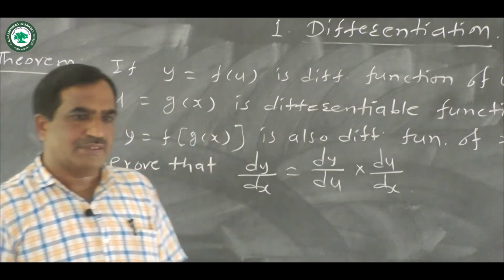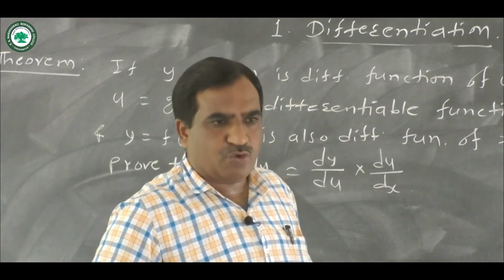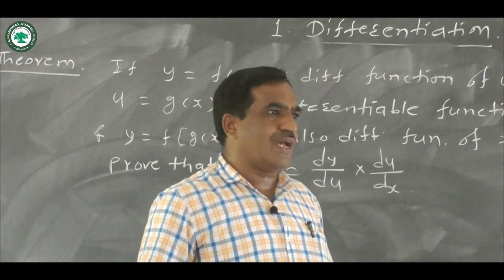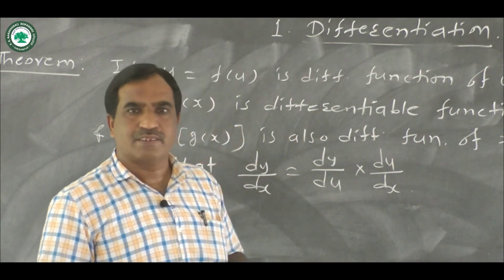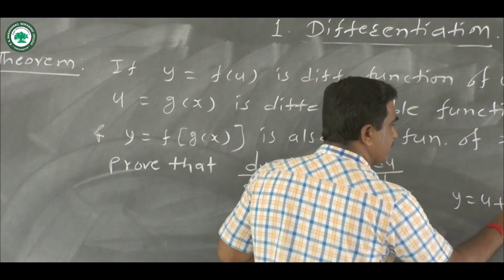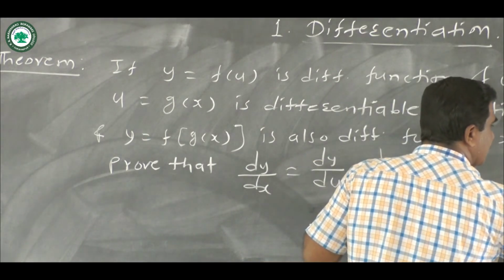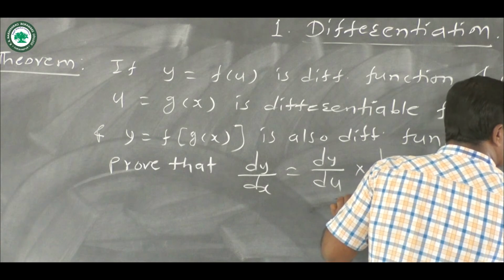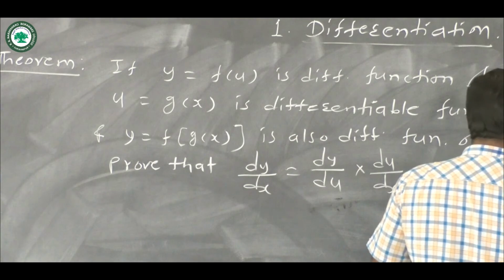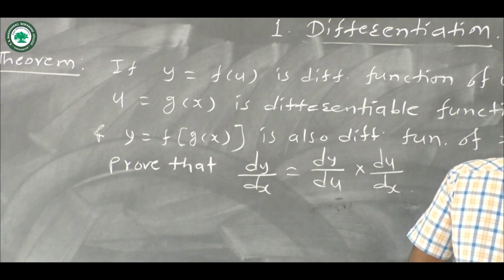But in 11th standard we have also learned some rules: addition rule, subtraction rule, division rule and product rule. If y and u are differentiable functions of x and y is equal to u plus v, then dy by dx is equal to du by dx plus dv by dx.